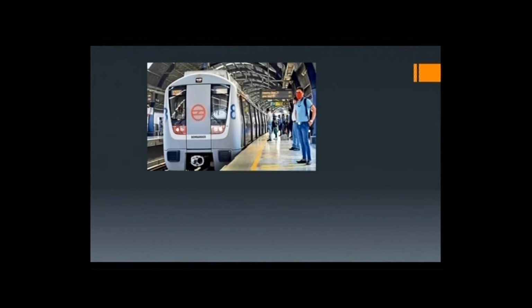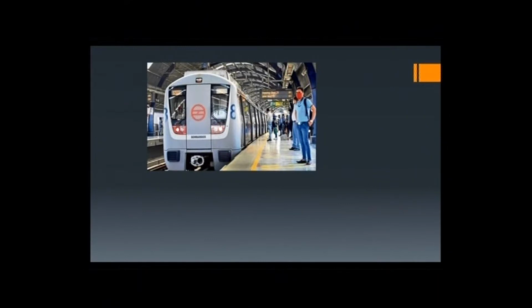Okay, now I have coined some very important examples from our day-to-day life. Now what you can see in front of you, yes, it's a metro train. Either we have metro buses also in our Punjab, in some cities the intercity buses are there.